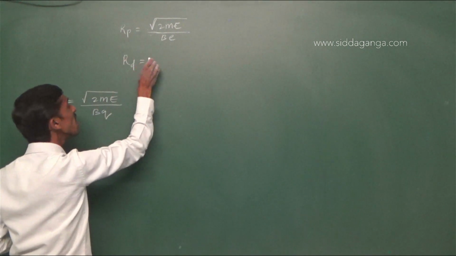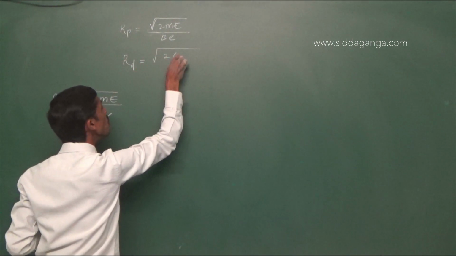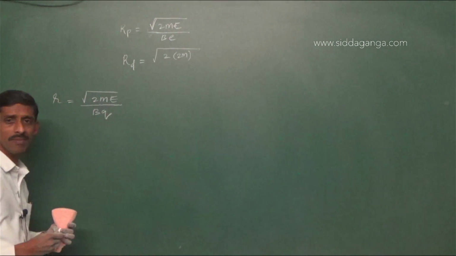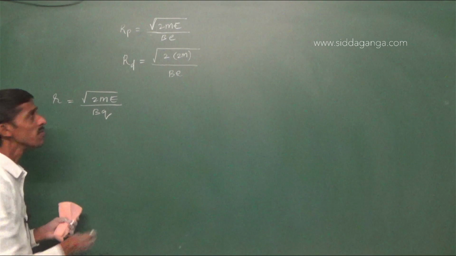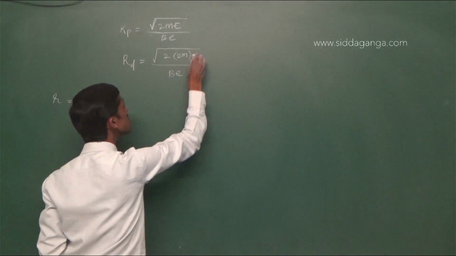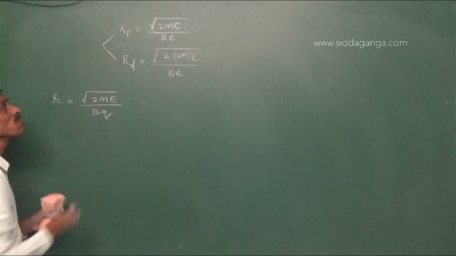Whereas for a deuteron, mass is 2 units, charge is e only, kinetic energy however the same.